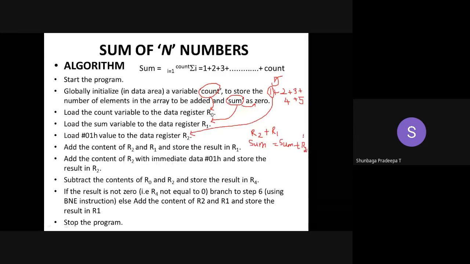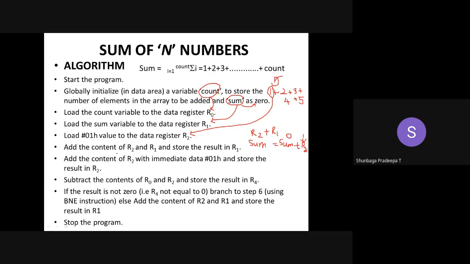R2 is initially 1, and here your sum is 0, so 0 plus 1 is added and the result is stored back in the sum itself, in R1. Next I am incrementing R2 by 1, because I have to add 2 with the result, the next number.